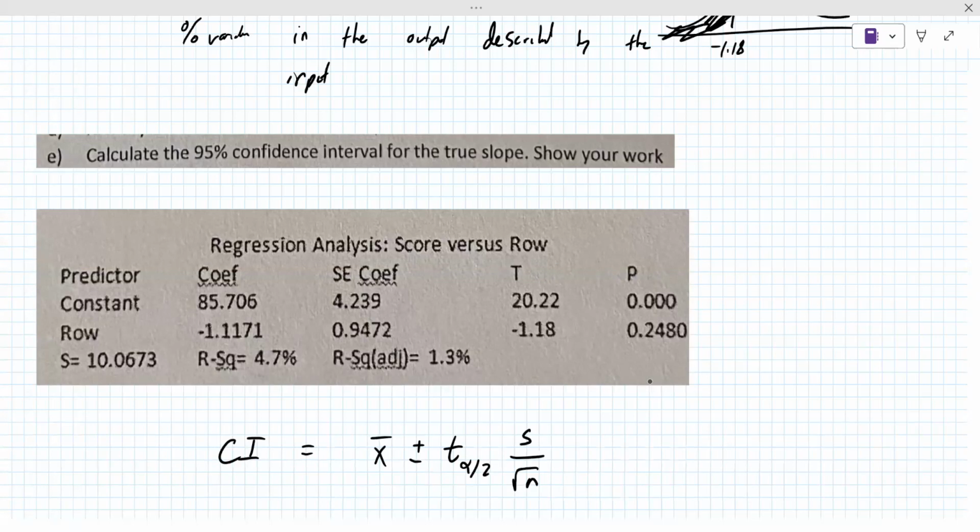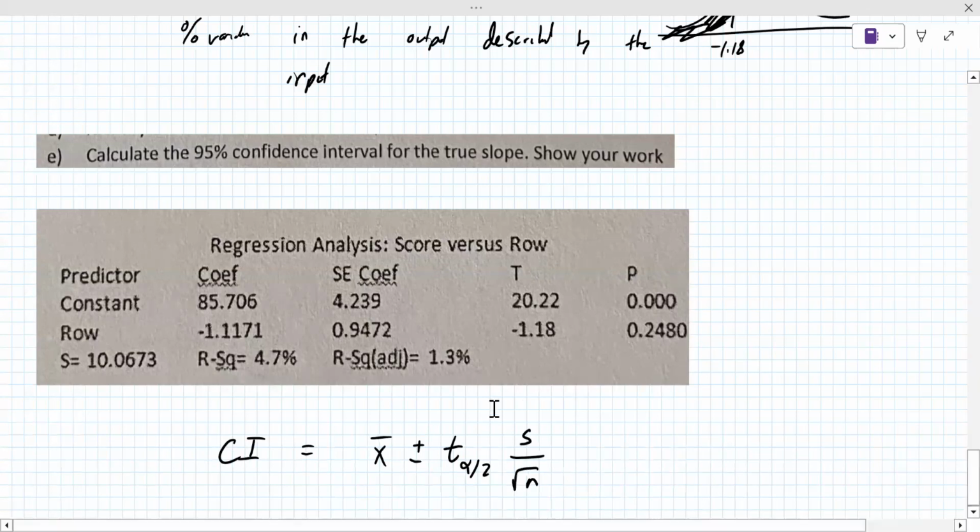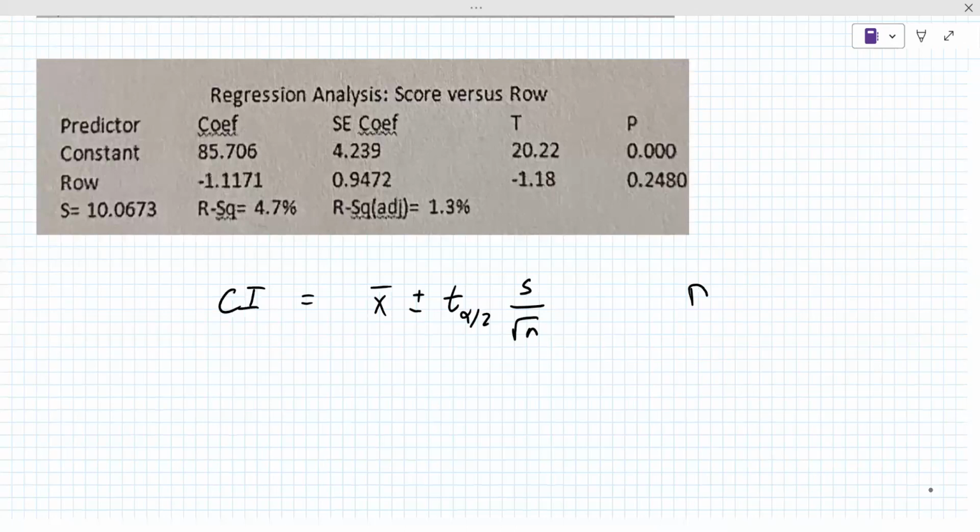The T is not the T that's given there. You need to know the degrees of freedom, which I'm not sure you know from this, unless you're supposed to assume it's normally distributed, which is not true. It's a T distribution typically.